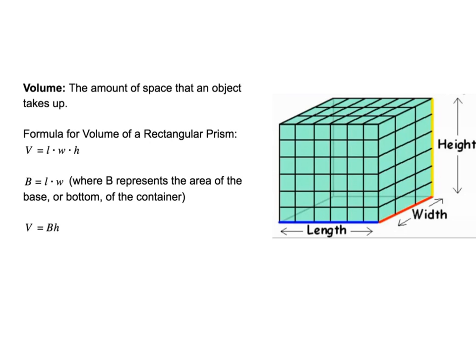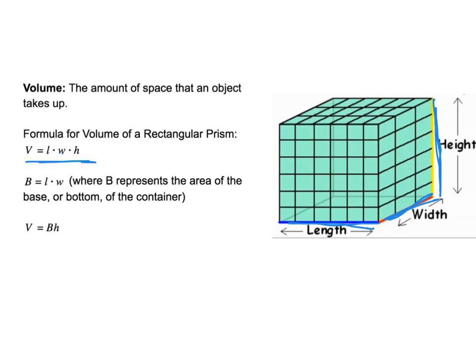So when we go to find the volume of a rectangular prism, we will start with a formula that you should be familiar with from 5th grade, and that's volume is equal to length times width times height. So our length being down here, our width being over here, and our height being up here.